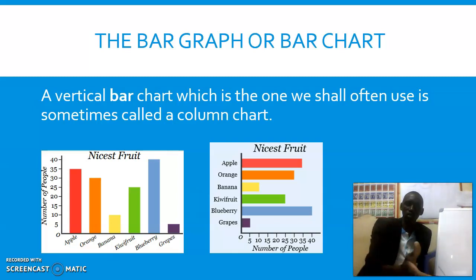That is for the vertical bar graph. But if the bars are horizontal, then in that case we can talk of the length. But in our work, I will encourage that we mainly use the vertical bar graph. See that the bars are spaced. I think we'll emphasize that for some reason, as we shall see.